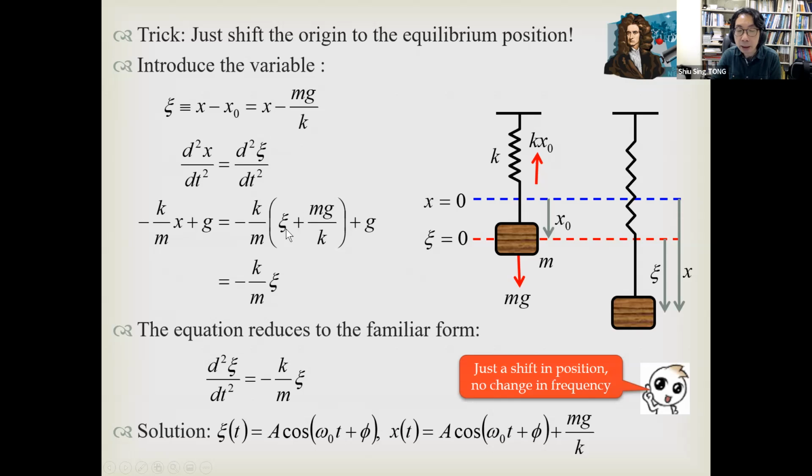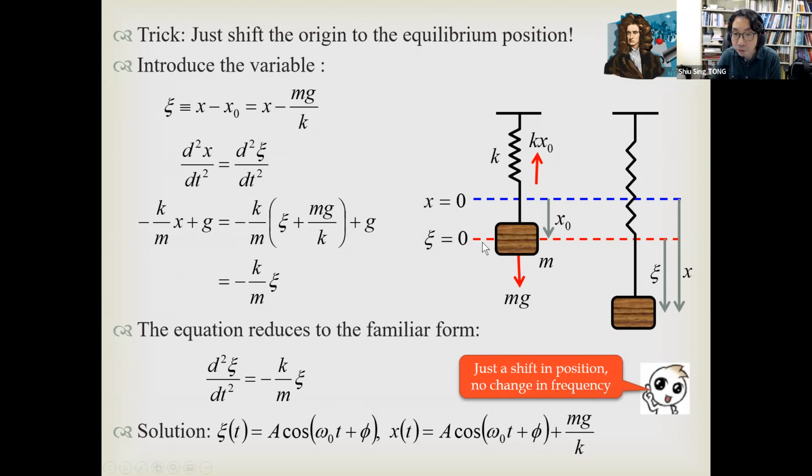Now you immediately see a good thing. After canceling the m and canceling k here, there's a minus sign that goes with the g, and so the minus g will cancel with the plus g for the last term. So I am able to get rid of all the constants, and eventually I get minus k over m times xi.